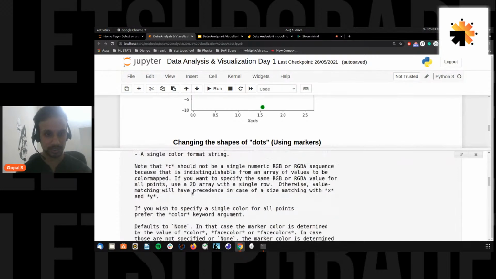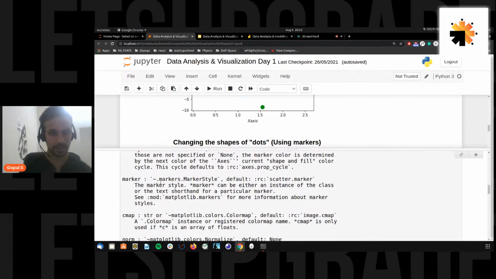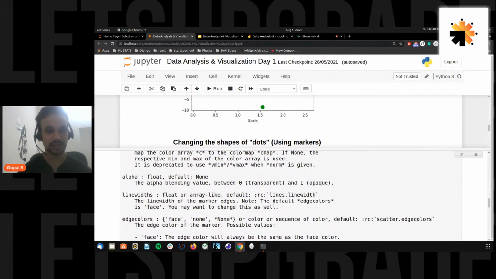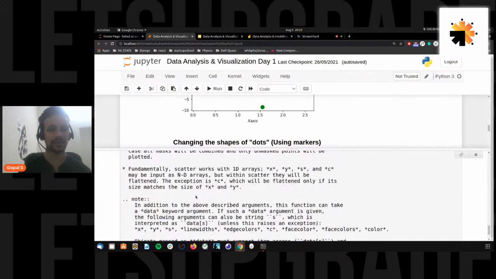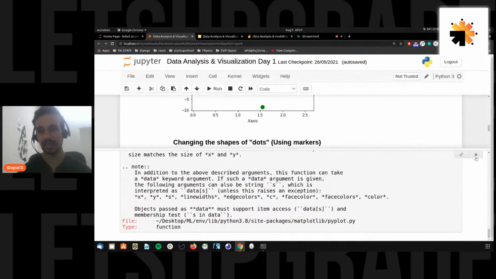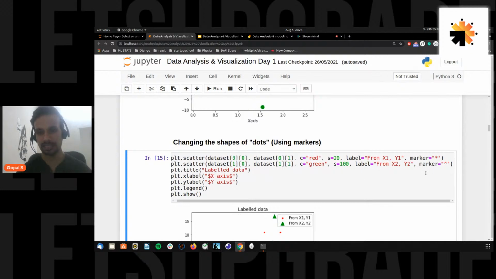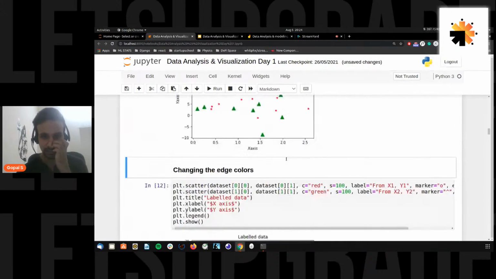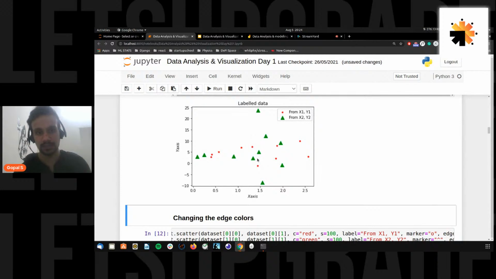They haven't defined any markers here, so we might dig into the documentation later. I do remember this produces a triangle when we pass in a caret sign, and the asterisk produces a simple asterisk or star. So let's rerun this. Now we have different shaped coordinates.